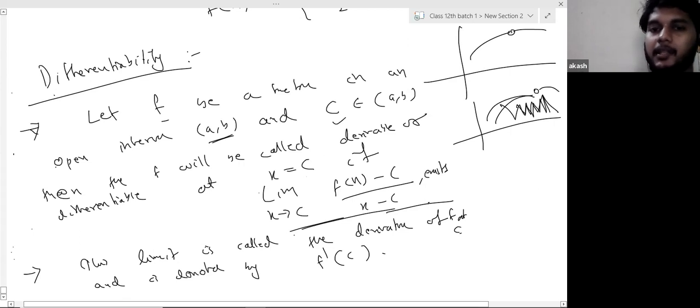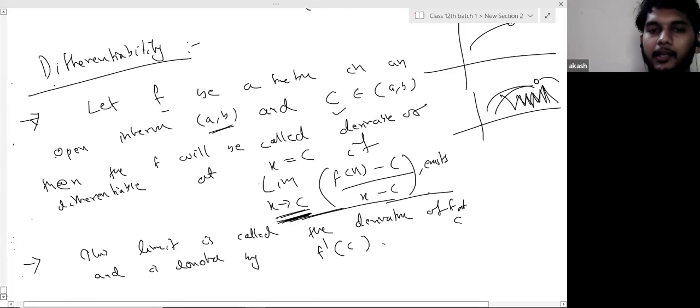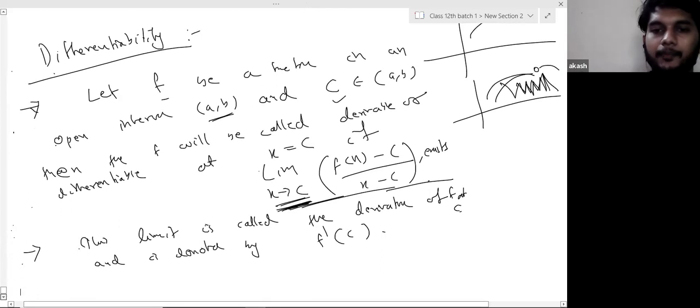Then the definition is saying if limit x tending to that number, that means at that point, if this limit exists, then function is differentiable at that point. If at x equals to c, or x tending to c, this limit exists, then we say the function is differentiable at c, and this limit is called the derivative of the function.